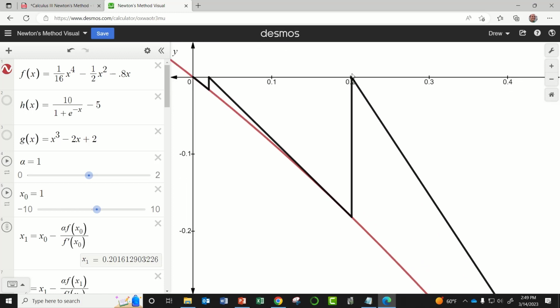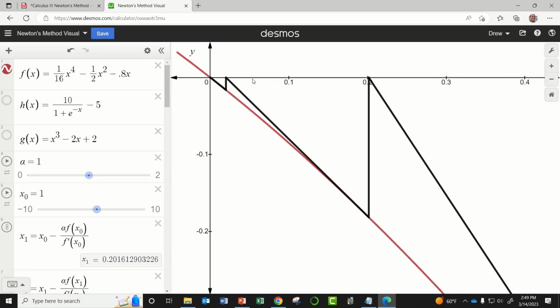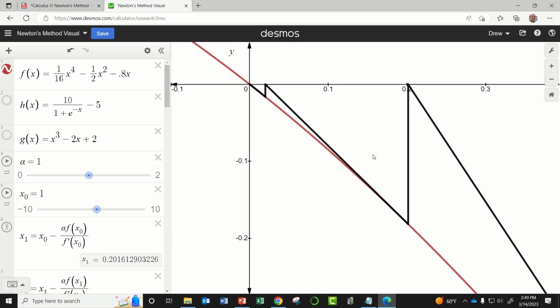And then take the value of my function there for that x value. This diagonal line here is of course another tangent line approximation of my function at that point.